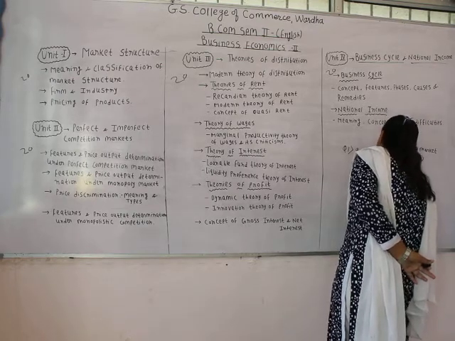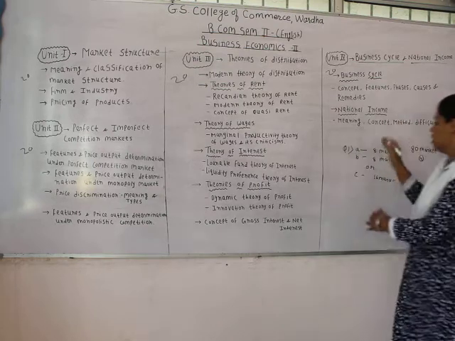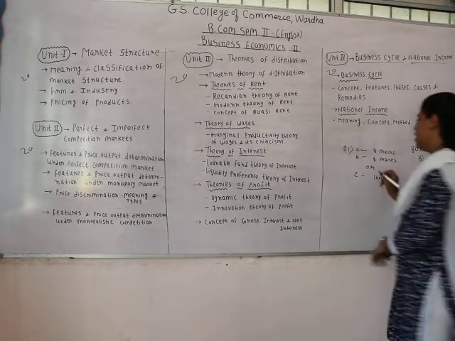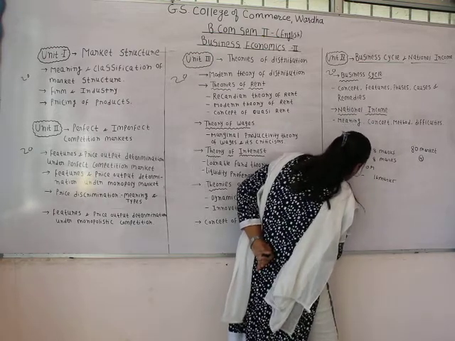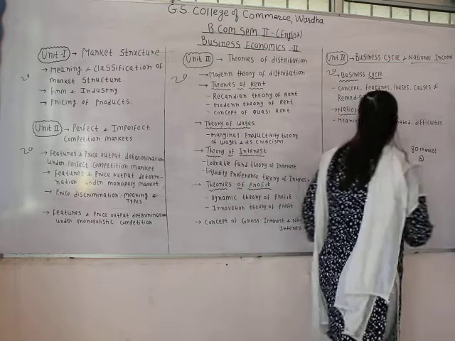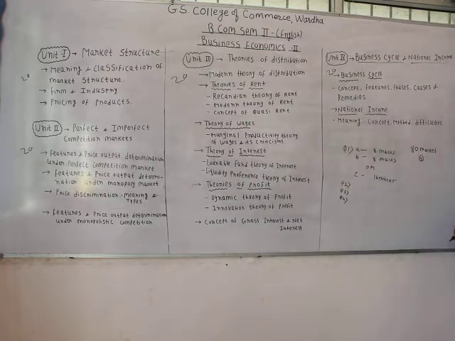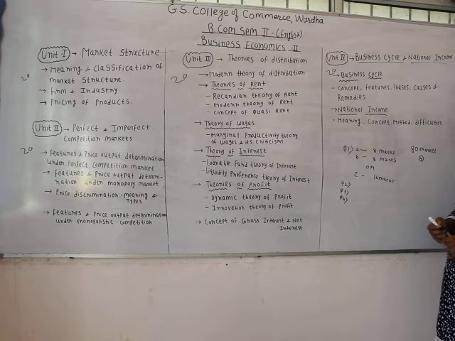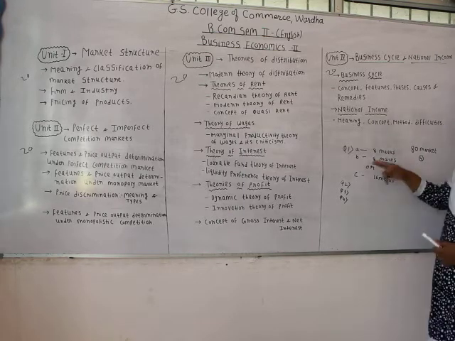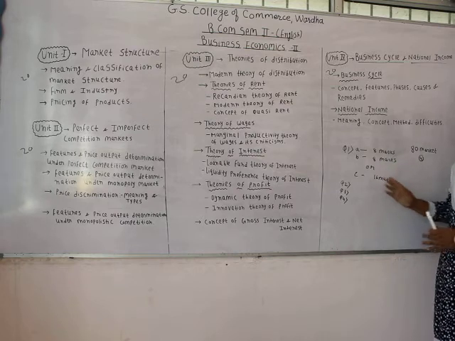So this way you would have questions from the first unit, and question 2, question 3 and question 4 would remain the same way, like 8 marks or 16 marks. So you have to attempt 2 questions of 8 marks or 1 question of 16 marks.